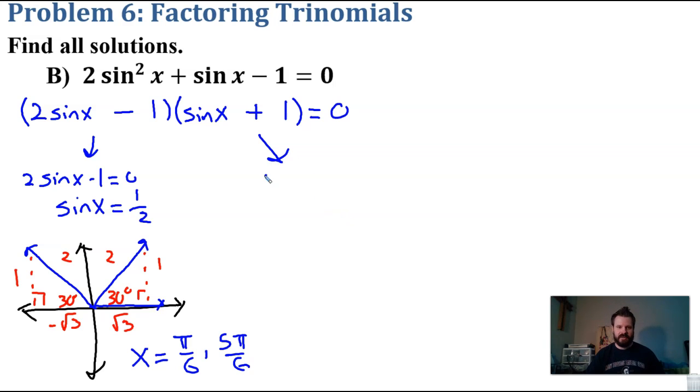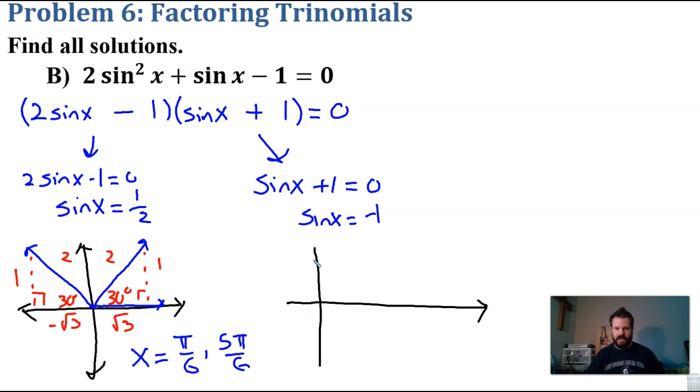All right, second factor, sine x plus 1 equals 0. Again, here we're going to get sine x equals a -1. I'm going to go to our graph of the wave. That's going to go like this. I want to know where we hit the -1. Well, I know sine goes to 2 pi. Its middle point is pi.